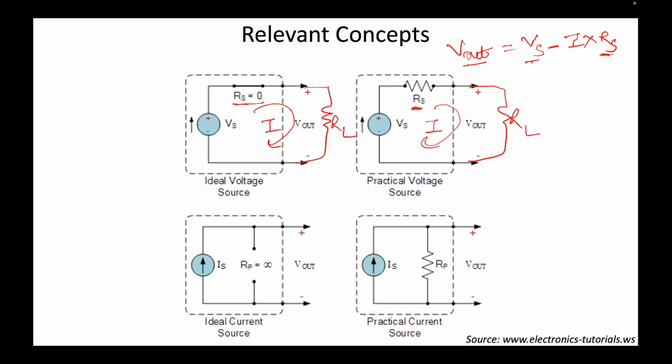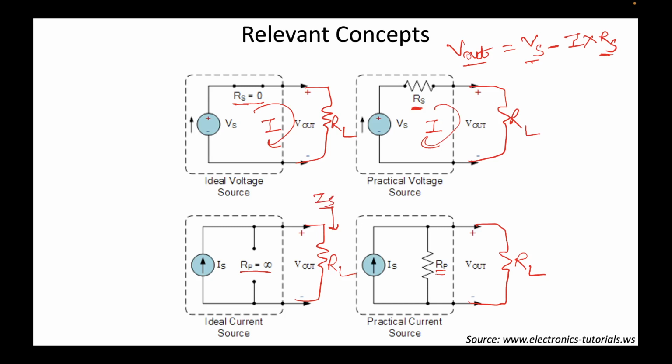On the left, we have an ideal current source. On the right, a practical current source. An ideal current source has infinite shunt resistance. A practical current source has non-zero, non-infinite shunt resistance. Again, we'll assume that we are connecting a load RL across our current sources. In case of an ideal current source, the current Is will flow through our load resistor.